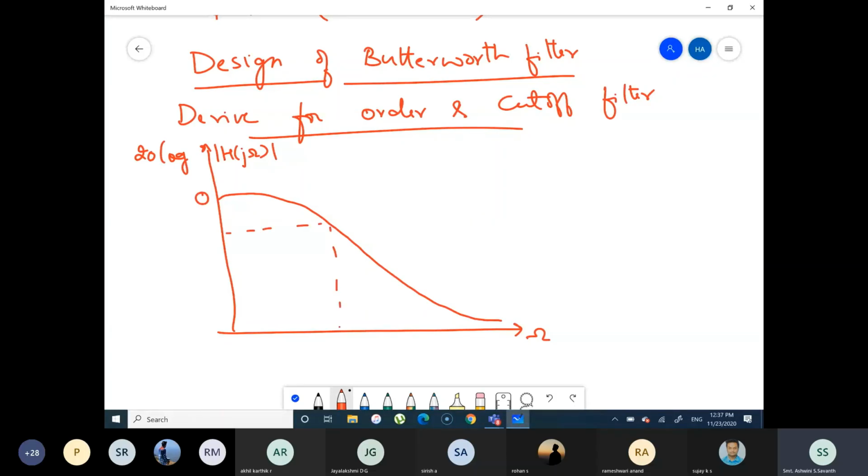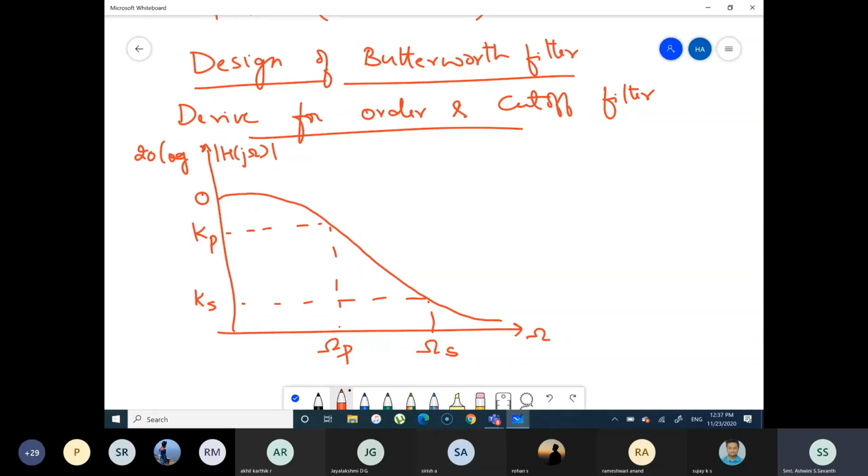The pass band gain will be Kp and the corresponding frequency is omega p. The stop band gain is Ks and the cutoff frequency is omega s. Okay, so these are the specifications of an analog low pass Butterworth filter.